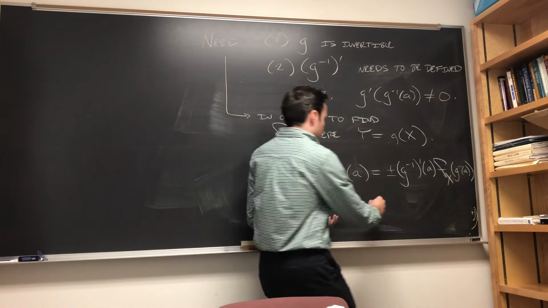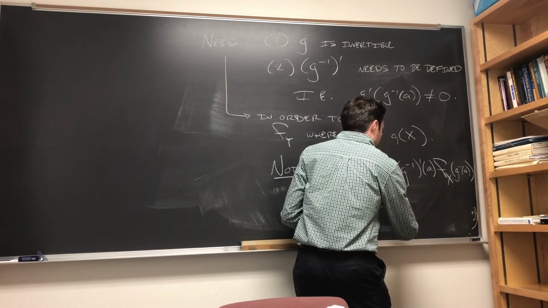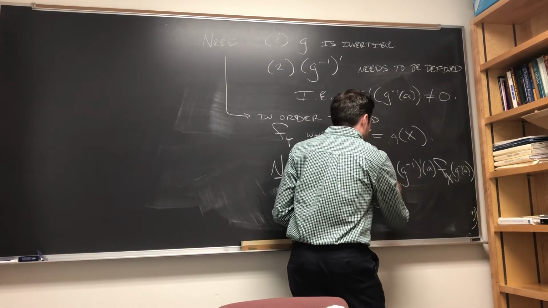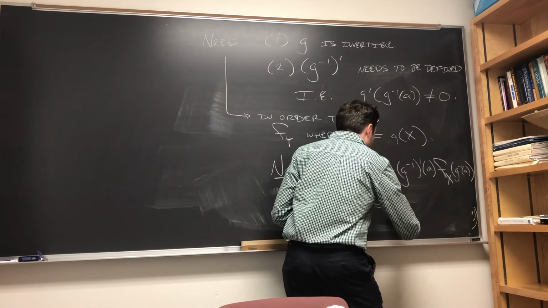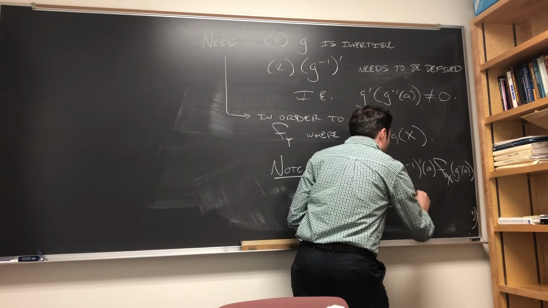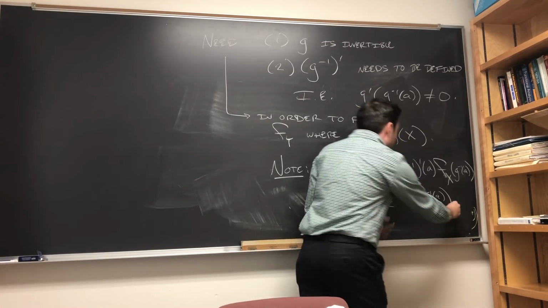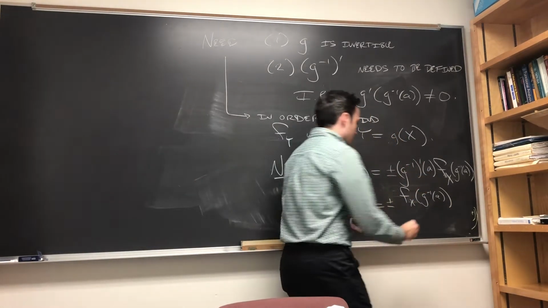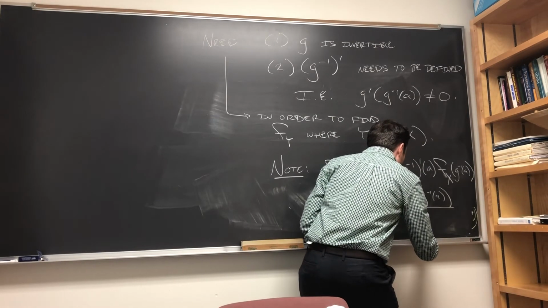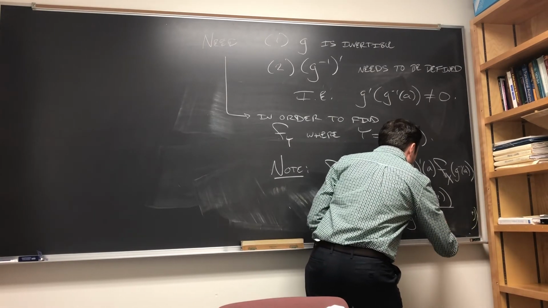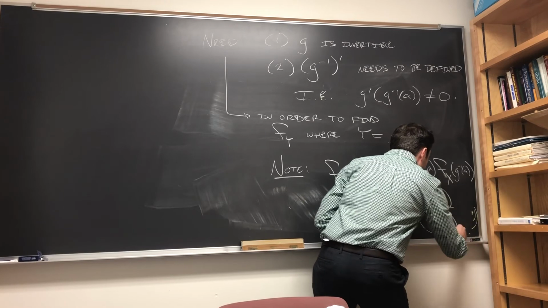And using the inverse function theorem, this version of implicit differentiation that I just had on the board down here, this is the same thing as saying we're going to have, I'll just put the plus or minus in front here, plus or minus f sub x of G inverse of a, and now I'm just going to rewrite G inverse prime. This is 1 over G prime of G inverse of a.